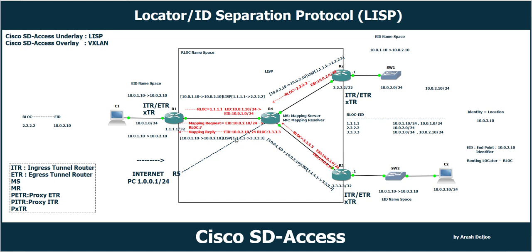About the encapsulation of LISP, LISP is a layer 3 to layer 3 encapsulation method. What does it mean? It means that LISP can encapsulate the original packet like GRE, not the original frame.